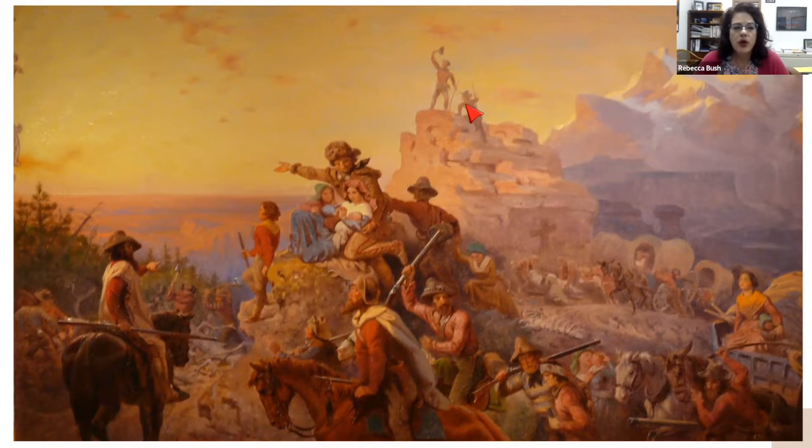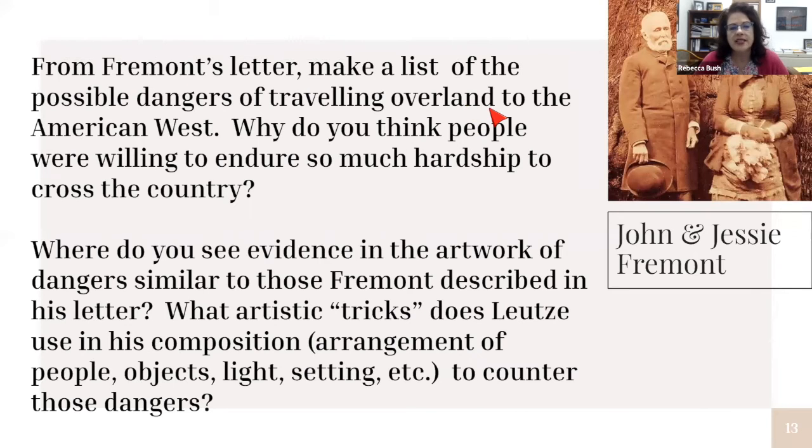Group 2 is going to be looking at John C. Fremont's letter to his wife, Jessie. He was a famous frontiersman. He often led guides to help folks move from the east to the west, and to help them settle in certain places across the western frontier.